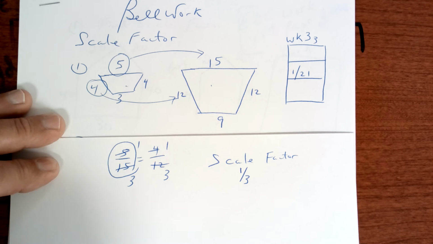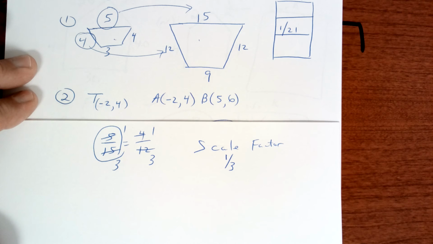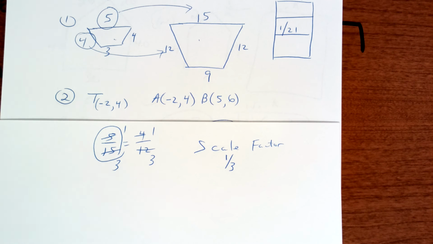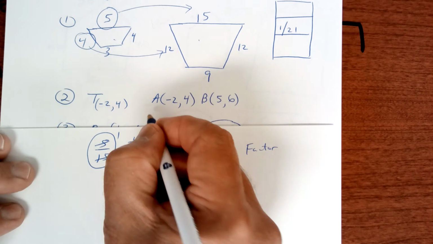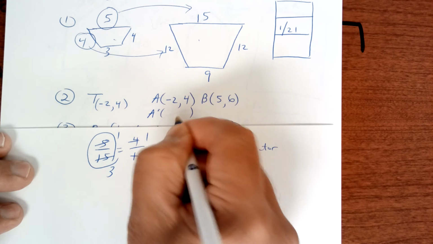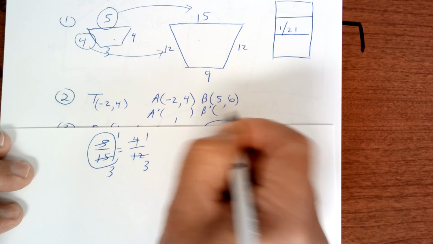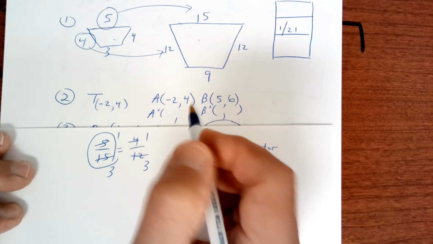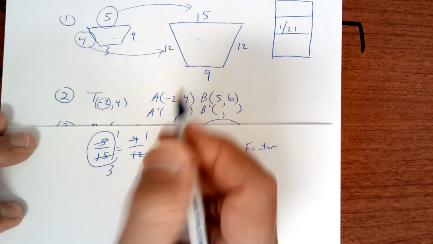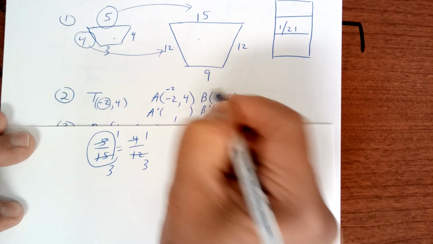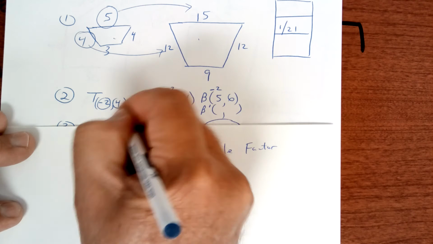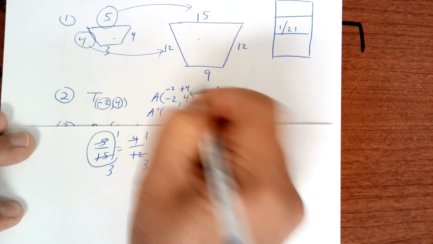Okay, the next one, it says translate. To translate your A prime and your B prime, the new ones, according to this, you're going to do a -2 on the x's and a +4 on the y's.